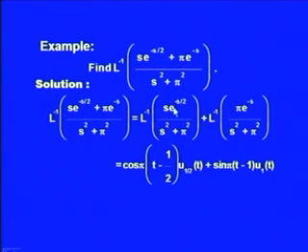And so, by the second shifting theorem, the inverse Laplace transform of s into e to the power minus s by 2 over s square plus pi square will be u half t into f of t minus a. f t is cos pi t, so f of t minus half gives us cos pi t minus half.